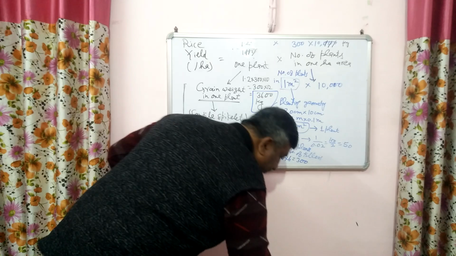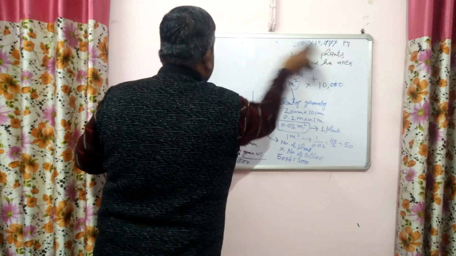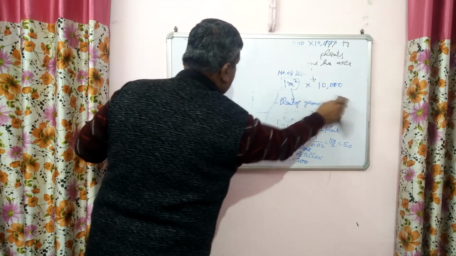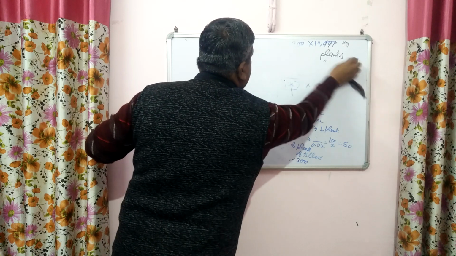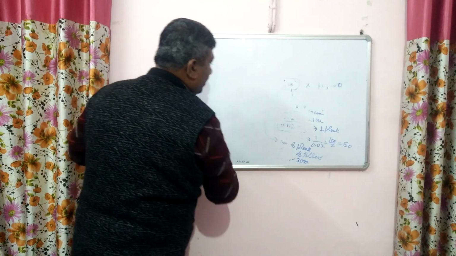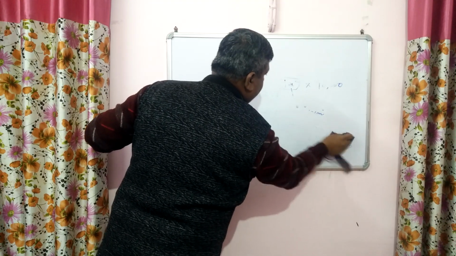Now take another example, the question which are asked in examination. The question may be directly asked by giving the plant population in 1 square meter area. Otherwise, we have to calculate the population.